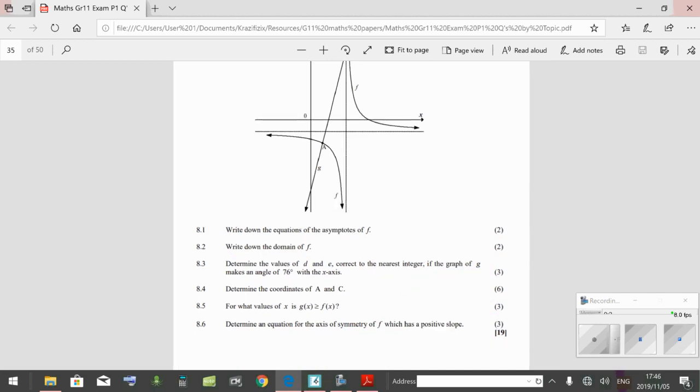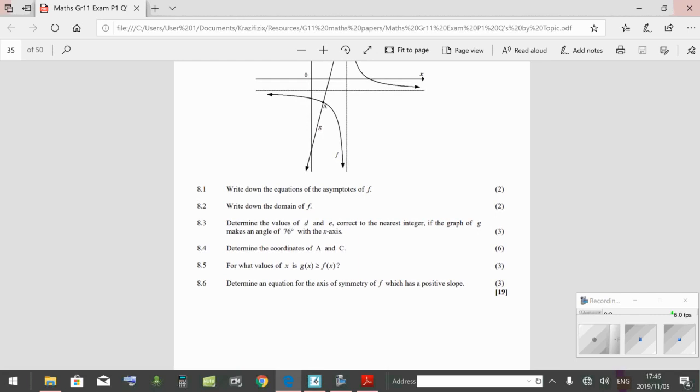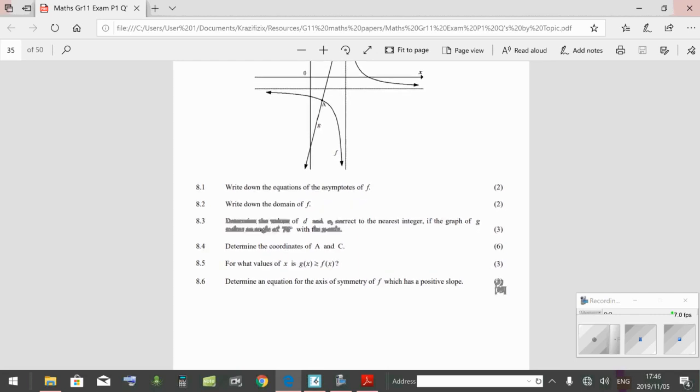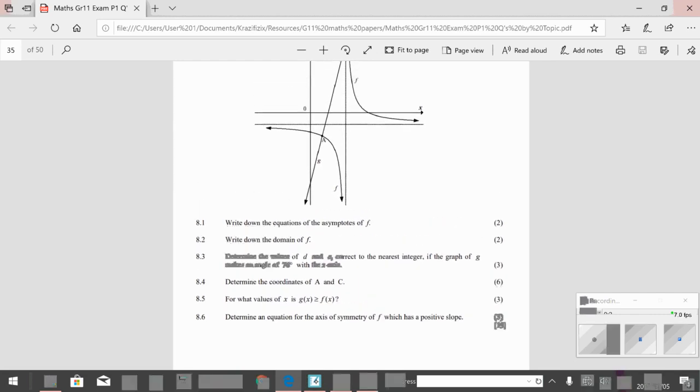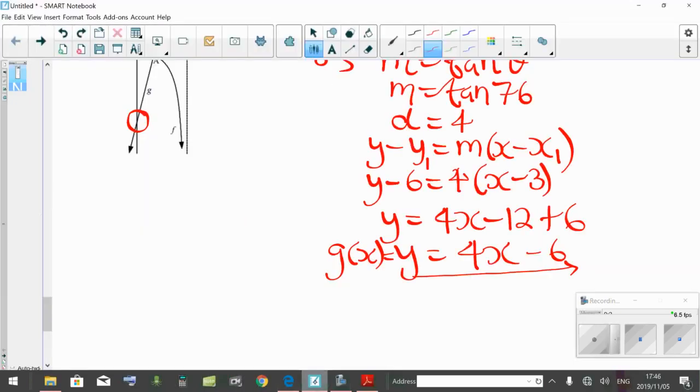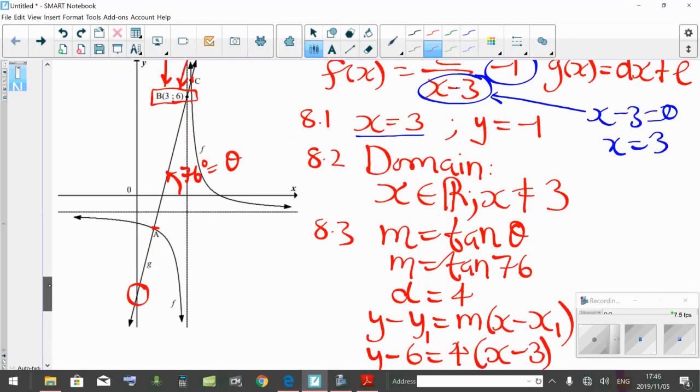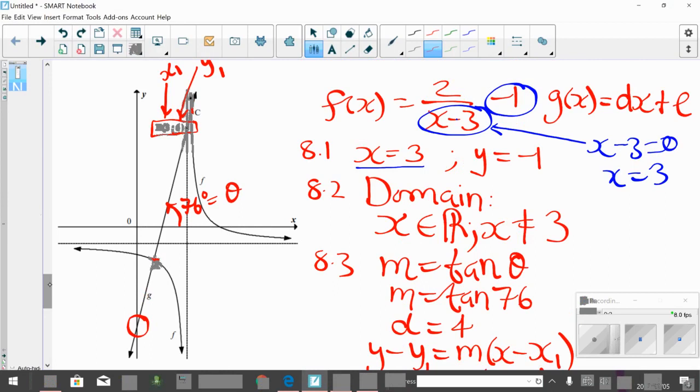Next question requires us to determine the coordinates of A and C. Let's go back to our graph and identify where A and C are. A and C. There's something special about A and C. Like we said, these are the points of intersection between the two graphs.